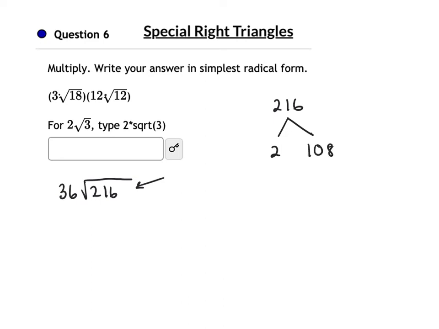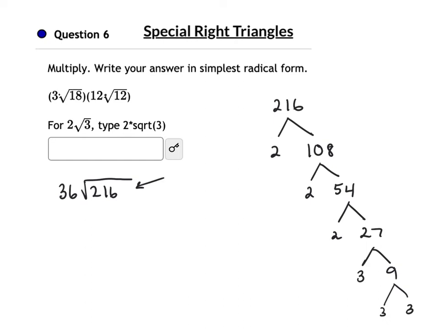Keep dividing by your primes. 2 is in 108. It's 2 times 54. 54 has still got a 2 in it. It's 2 times 27. And 27 is 3 times 9. 3 is a prime. And 9 is 3 times 3.